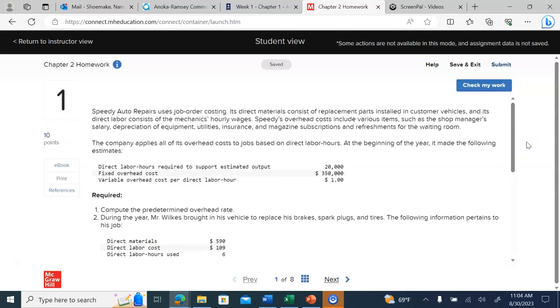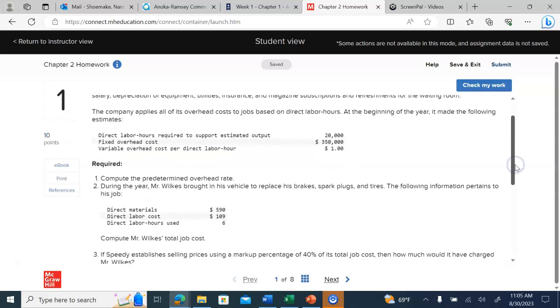Let's look at Speedy Auto Repairs. They use job order costing. Its direct materials consist of replacement parts installed in customer vehicles, and its direct labor consists of mechanics' hourly wages. Speedy's overhead costs include various items such as the shop manager's salary, depreciation of equipment, utilities, insurance, and magazine subscriptions and refreshments for the waiting room.